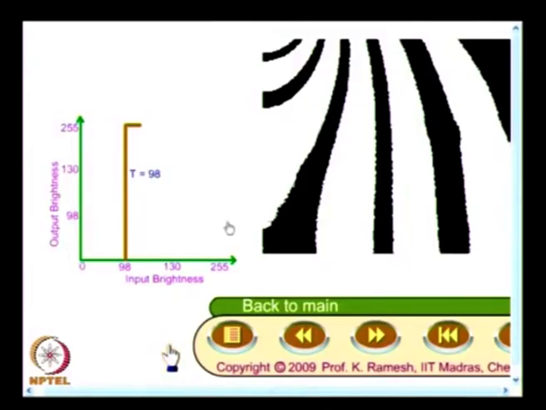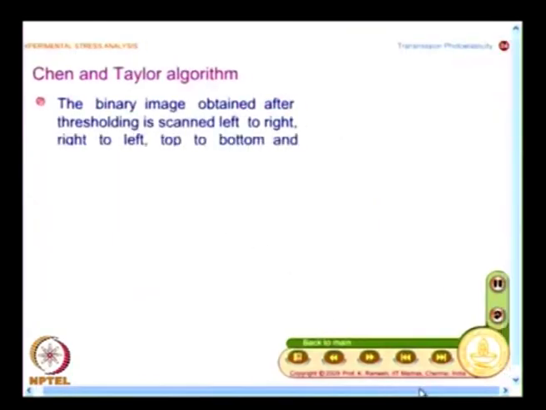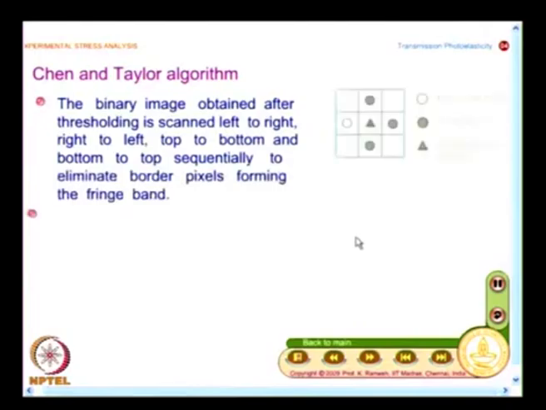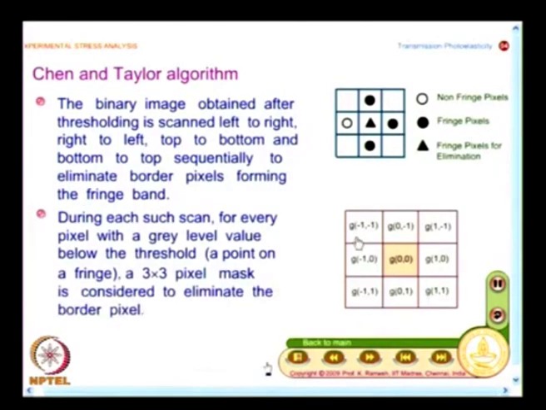One of the very famous algorithms in this is by Chen and Taylor. I am going to give you only a gist of what this algorithm is, and also some introduction to how people process images. Essentially you will have a mask, and the center pixel is identified as G0,0 because of its gray level value.